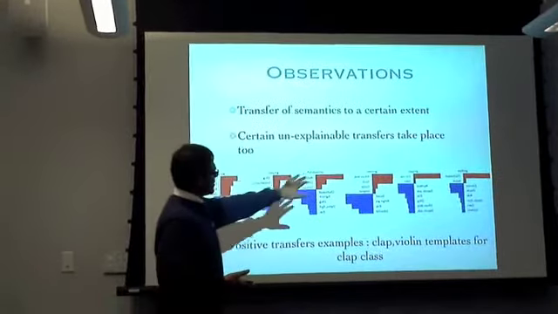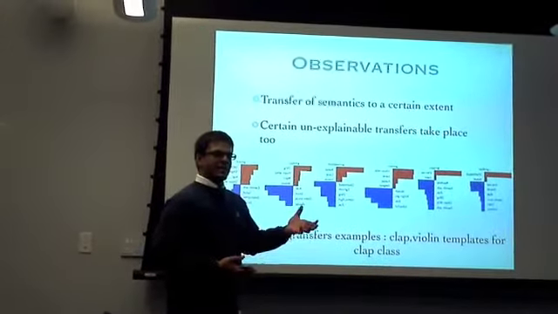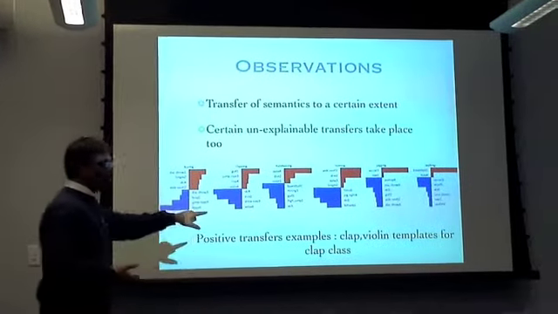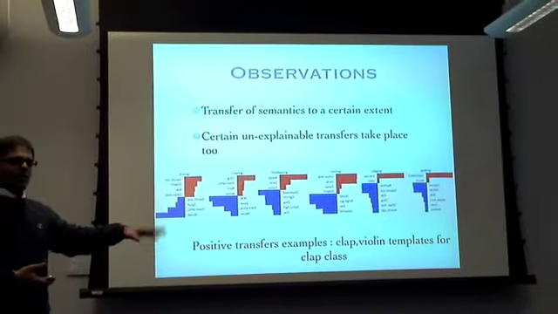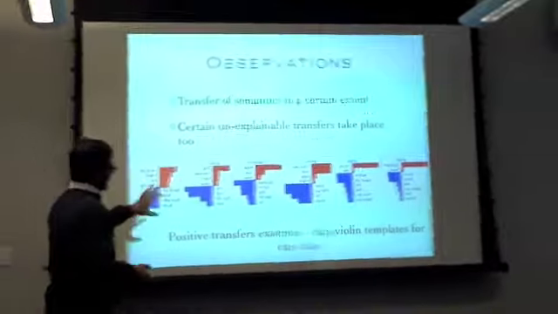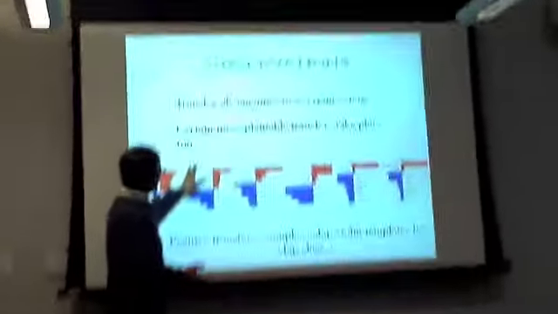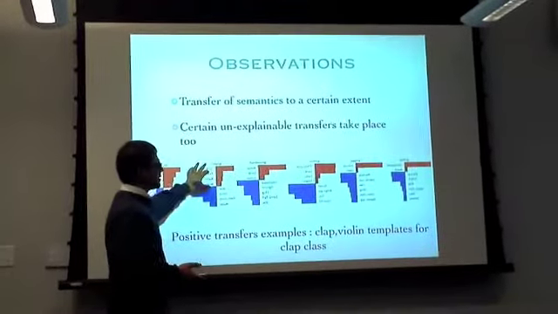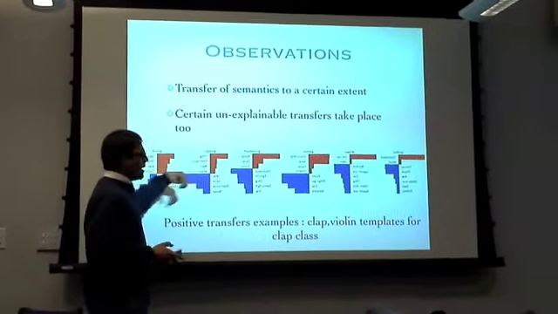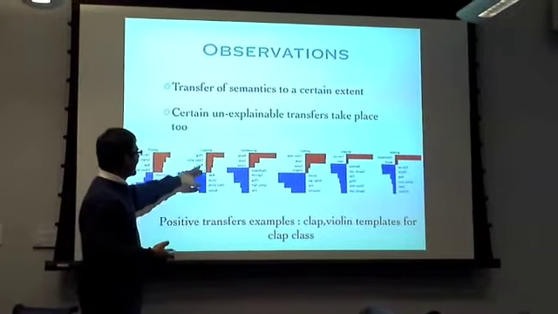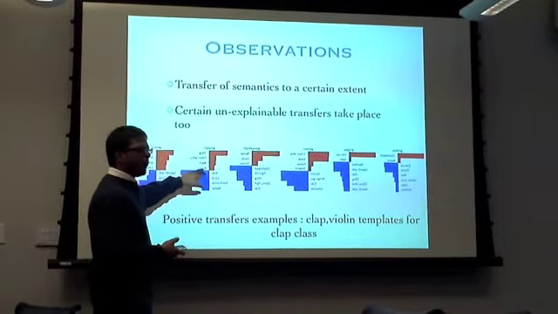All these examples in red are positive instances that are contributing to one particular class, and all the instances in blue are negatively contributing to that class. For classification of videos into the clapping class, some of the templates that contributed most were clap and violin.